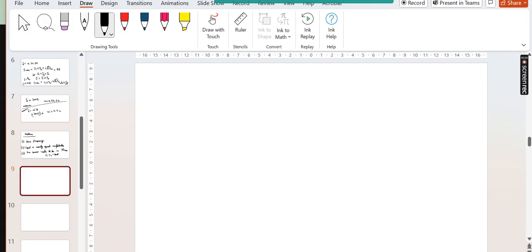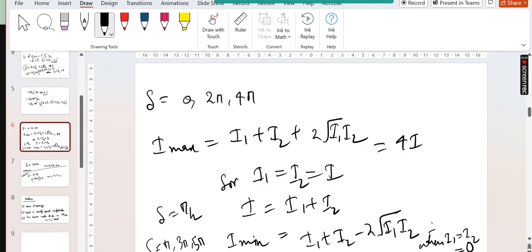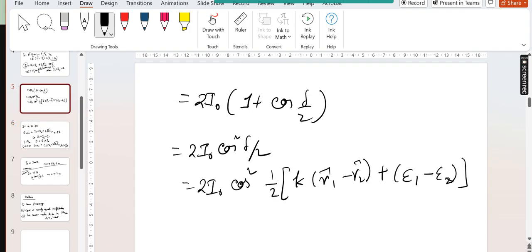Interference can be of two types. So basically this equation corresponds to a fringe like this.